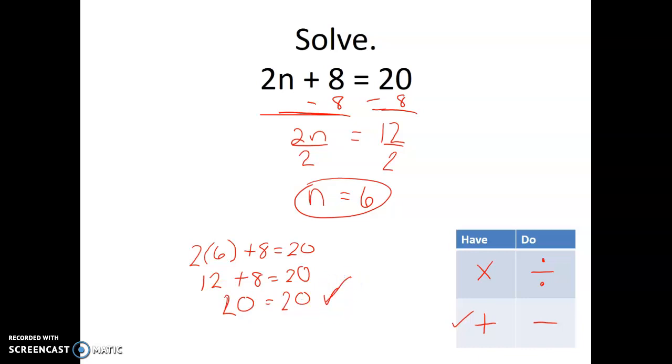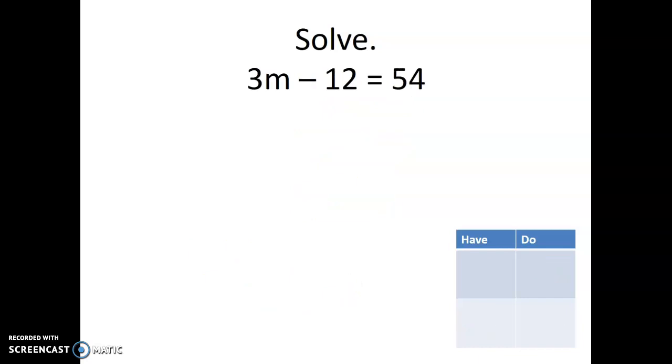Okay, let's try another one. Here I have 3m minus 12 equals 54. So what do I have? I have multiplication, 3 times m, and I have subtraction. So what do I need to do? I'm going to need to divide and add. What am I going to do first? Well, I'm going to undo addition or subtraction first.